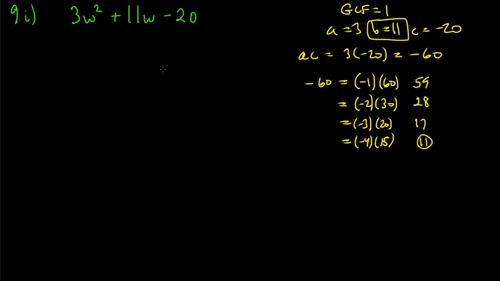Okay, so 11 is going to be negative 4 plus 15. And in particular, if you multiply by w, negative 4w plus 15w equals 11w. So we're going to split up the middle term, the 11w, as negative 4w plus 15w.